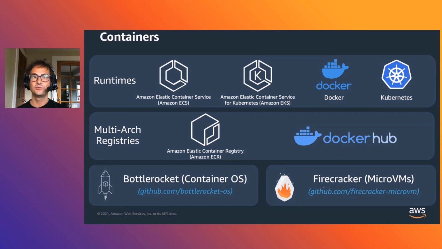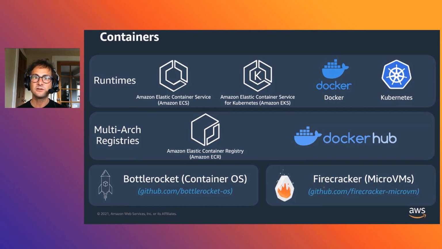And that feature would allow you to store two container images, one for the ARM64 architecture and another one for the X86 architecture, and push them under the same tag to the container registry, so that at runtime, your system would pull the right version from the container registry, depending on the microarchitecture of the execution host.